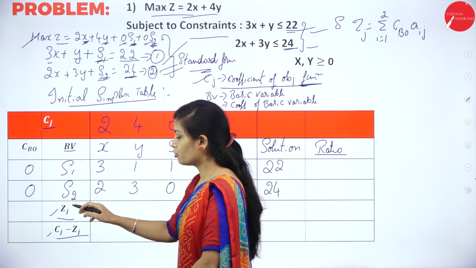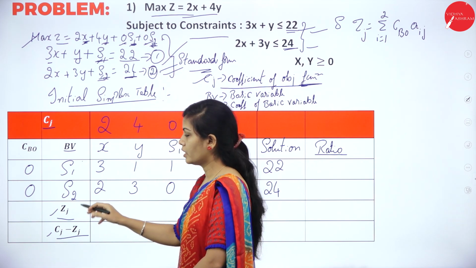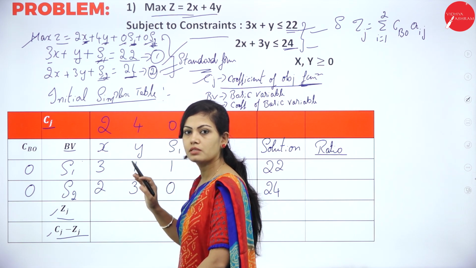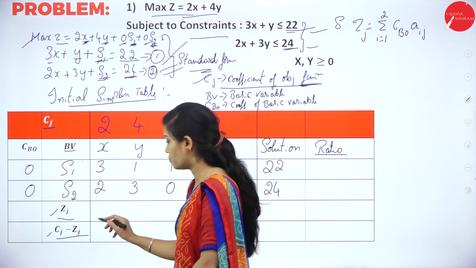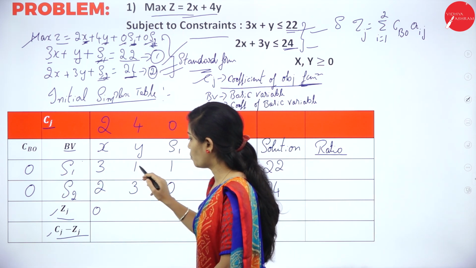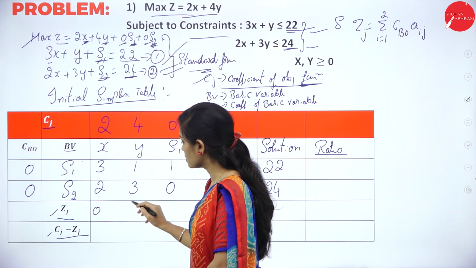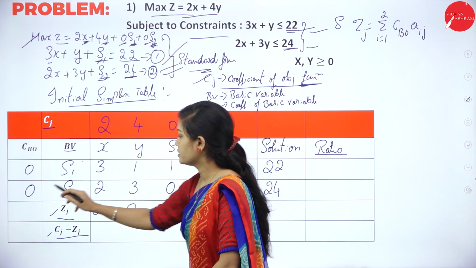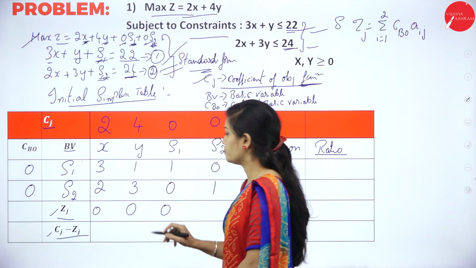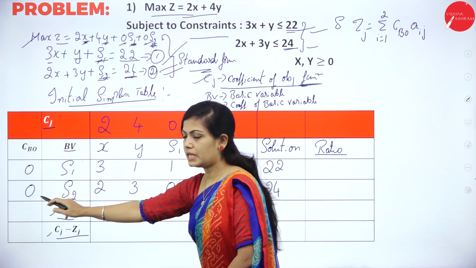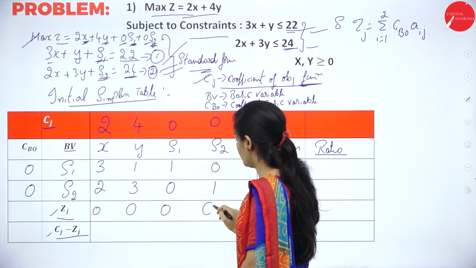I'll repeat how to find the Zj value. 0 into 3 plus 0 into 2, it is 0 plus 0 is 0. And again 0 into 1 plus 0 into 3 is 0 only. And 0 into 1, 0 into 0 is 0. And again 0 into 0 plus 0 into 1 is 0.